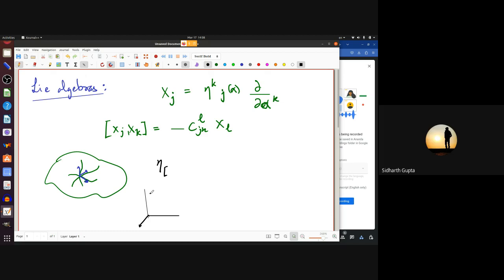And the components essentially were d alpha_j/d sigma at sigma equal to 0. These were the T_j's.